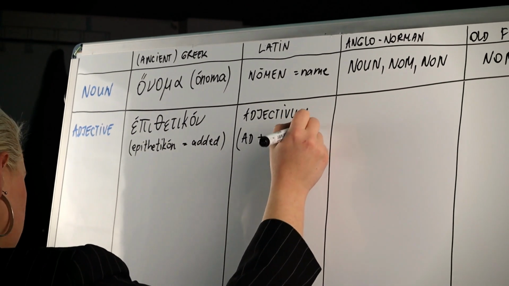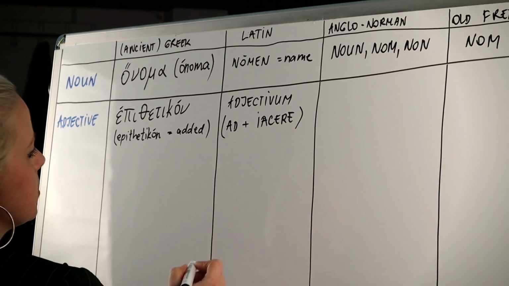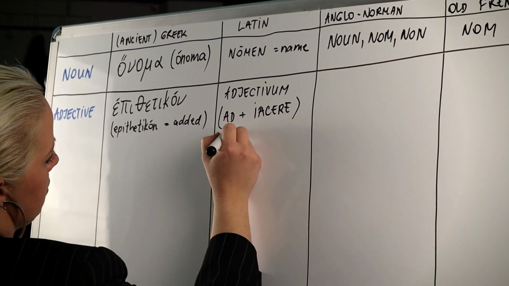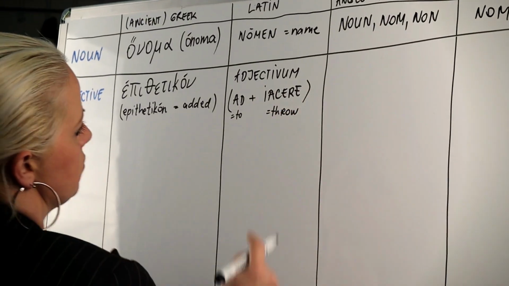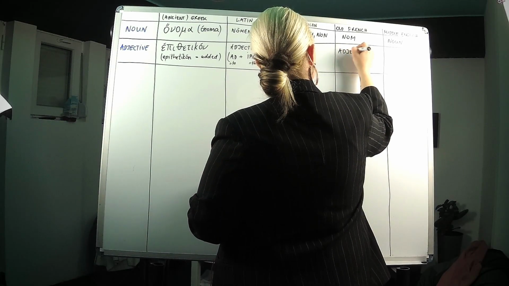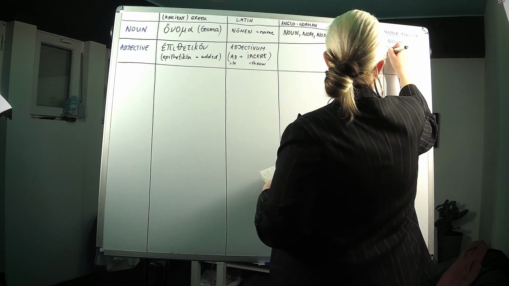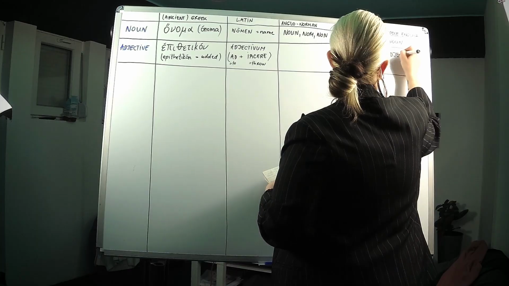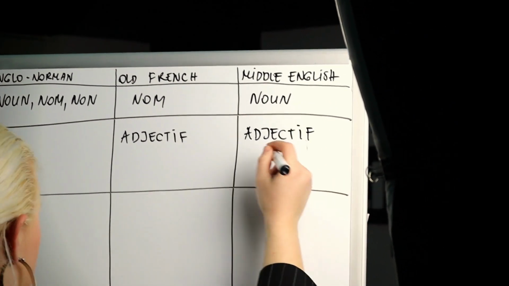The preposition ad, which means to, and the verb iacere, which means to throw. So basically something which is thrown to someone or something else. In Old French, the term was adjective, and of course in Middle English, it was used in that form, adjective, and adjective as we know today.